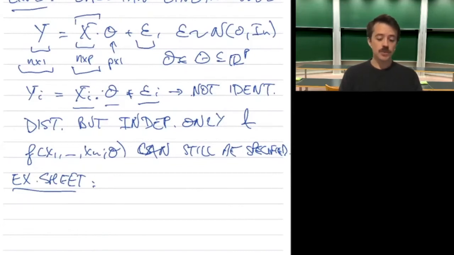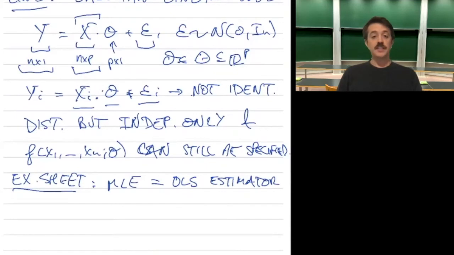And in the example sheet, what you will see is that the MLE here actually coincides with the OLS estimator. The OLS is the ordinary least squares estimator, and this is one that you must have seen in Stats 1B. What we see again is that the MLE is a good estimator in this case, in which we actually didn't even have identical distribution.